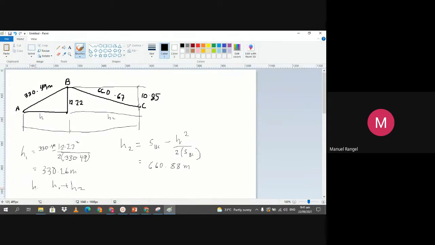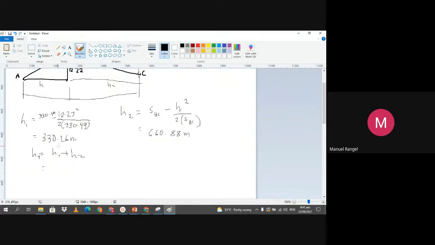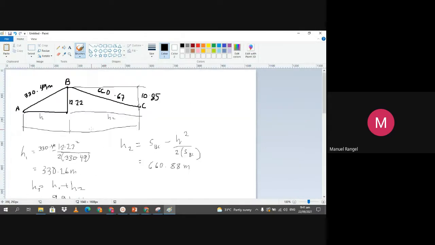So 330.26 plus 660.88 is 991.14 meters. So that is the horizontal length from A, B, and C. Kindly check using the Pythagorean theorem.